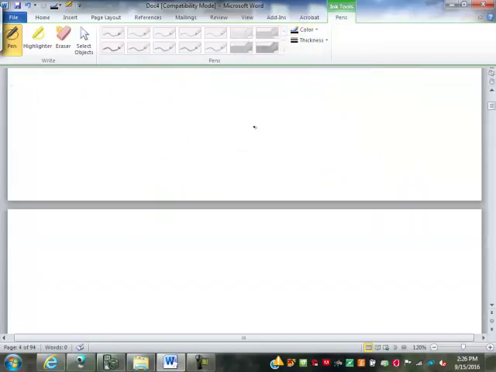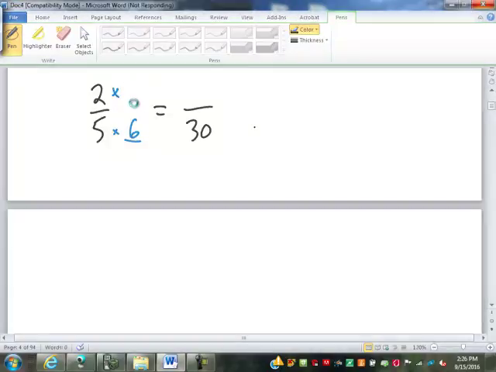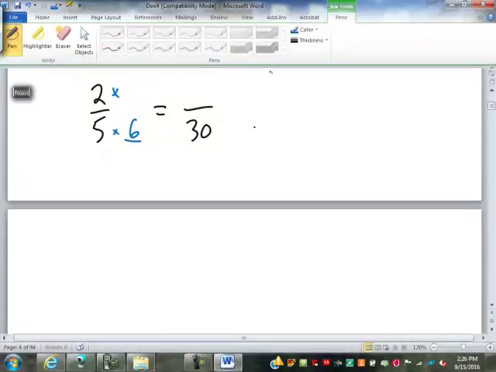So here we just randomly chose 3 to be the number we multiplied by. Most of the time, we'll have a specific number we need to get to, a specific denominator. Let's, for example, say we have 2/5, and we need to change it to a denominator of 30. Well, we have to figure out what do we multiply 5 by to get 30. Perfect, 6. So what do we have to do to the 2? Multiply it by 6. So 2 times 6 is 12.